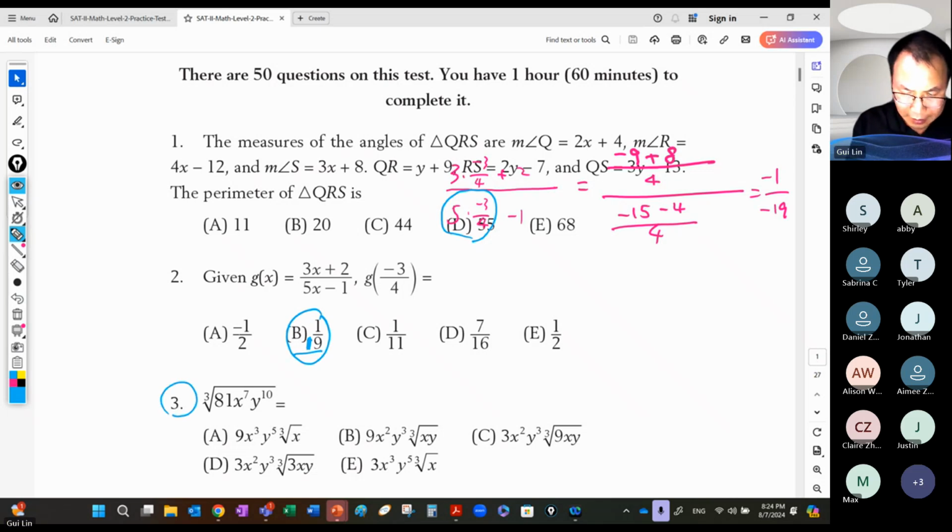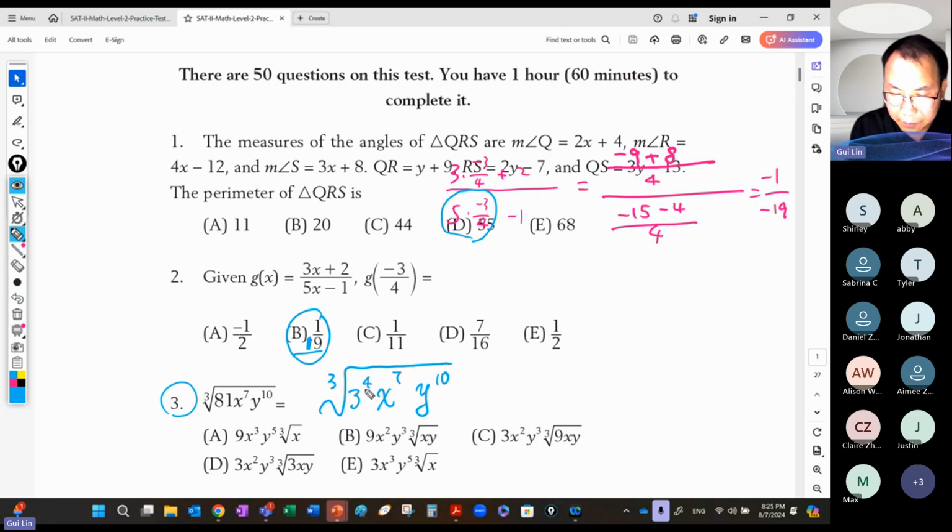Question 3. So this is an exponent question, right? Let's simplify it a little bit first. 81 is actually 3 to the power 4, right? Then x to the power 7, y to the power 10, and a cubic root.